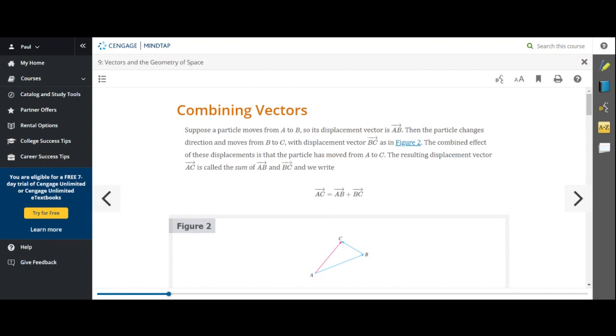The initial point of vector BC is the terminal point of the vector AB. So you can add AB and BC, and you'll get the vector that'll be equal to the vector AC. So that's how vector addition works.